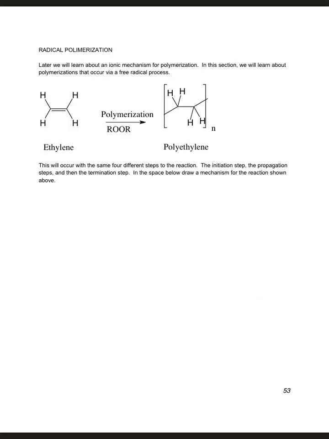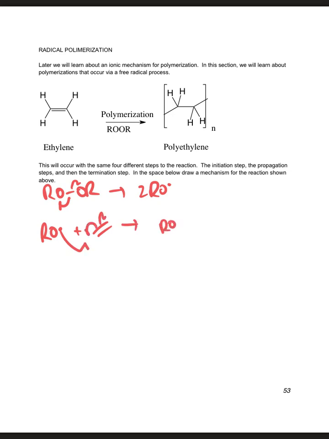So radical polymerizations, we can form a polymer out of this with ethylene. We can polymerize it to make a polyethylene by starting the process. Okay, so the initiator is just going to be the ROOR, split apart to two RO radicals. Okay, what's that RO radical going to do? It's going to add to the pi bond to make a new radical.